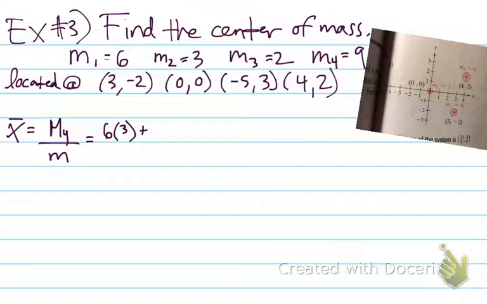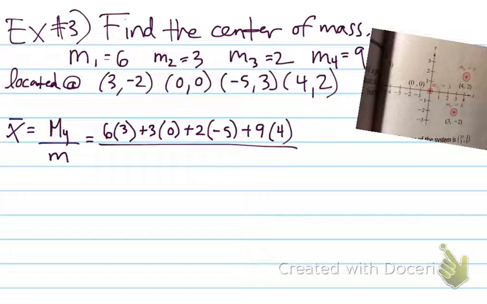So a mass of 6 with 3, mass of 3 with a coordinate of 0 for x, a mass of 2 with a coordinate of -5, and a mass of 9 with a coordinate of 4. And you divide that by the summation of all the masses, so 6 plus 3 plus 2 plus 9. And when you simplify that, on the top, you get 44. And on the bottom, you get 20.